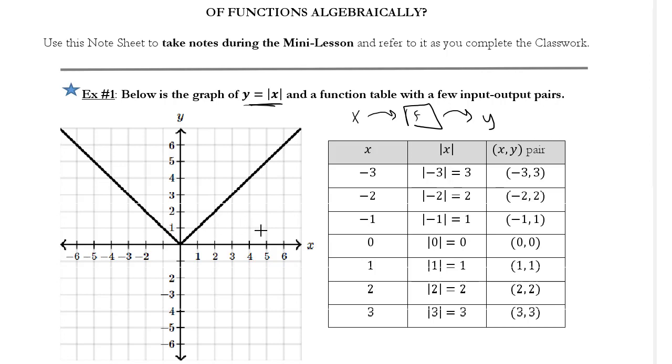Okay, so let's take a look at example number 1. So here we have the graph of y equals absolute value of x, and a function table with the input-output pairs. So again, just a reminder, the absolute value function is telling you the distance from 0 on a number line.